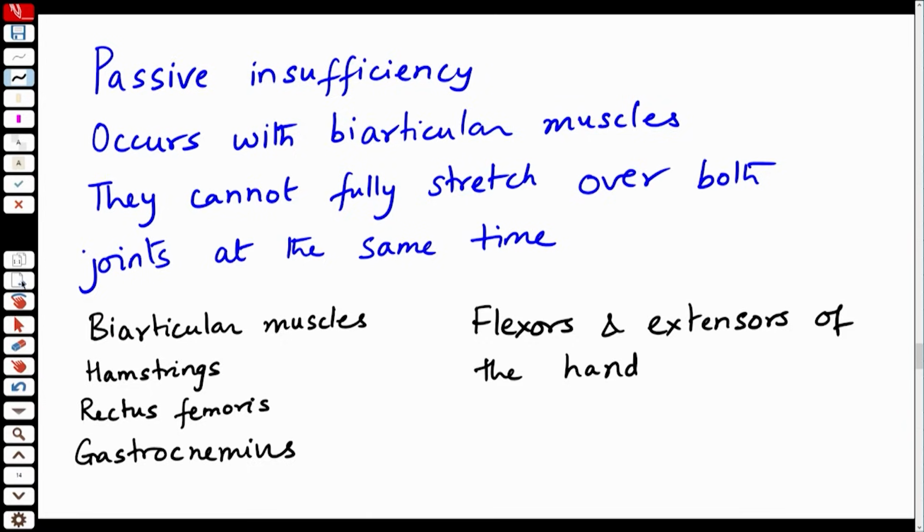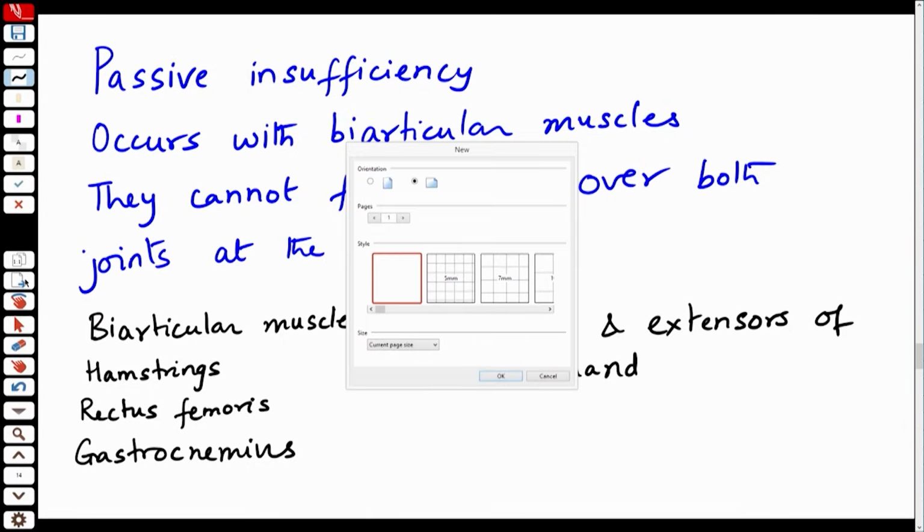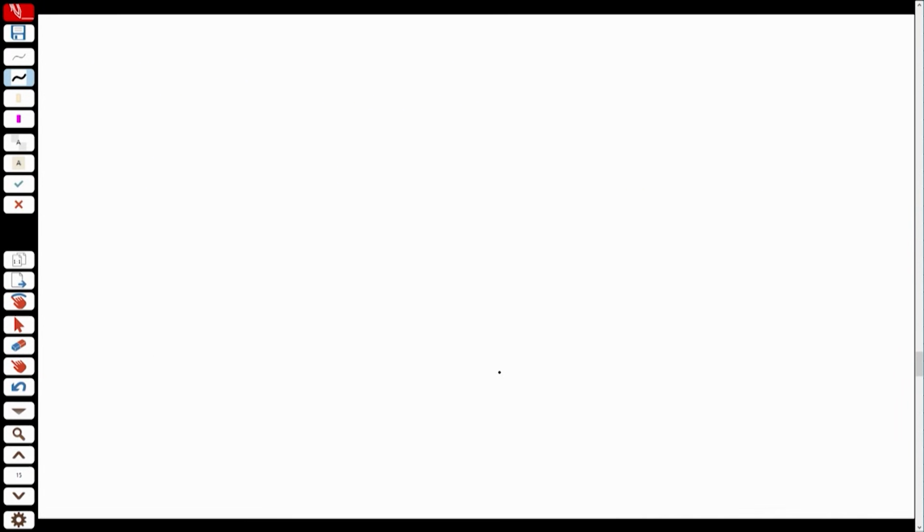Okay. Some more terminology with respect to muscles. We talk about the origin. A muscle is typically attached to two bones, at both ends.